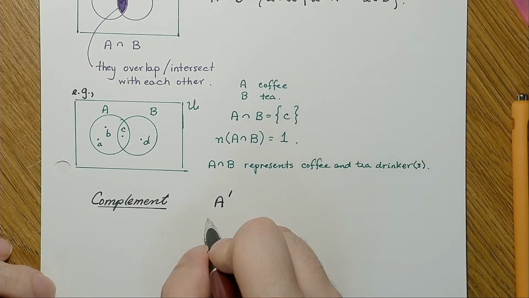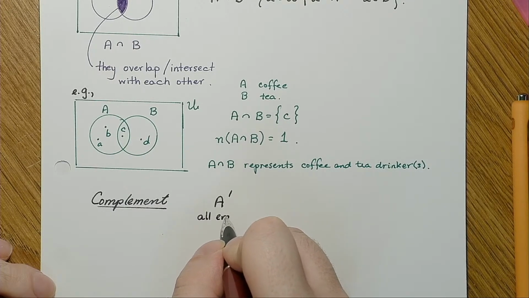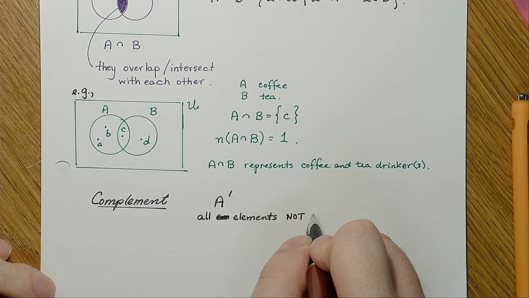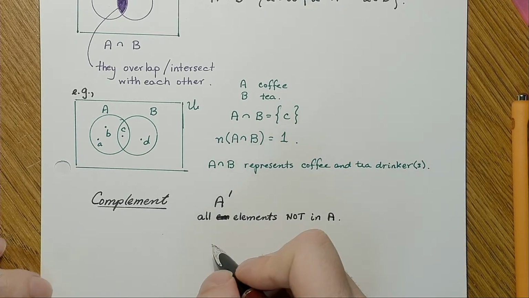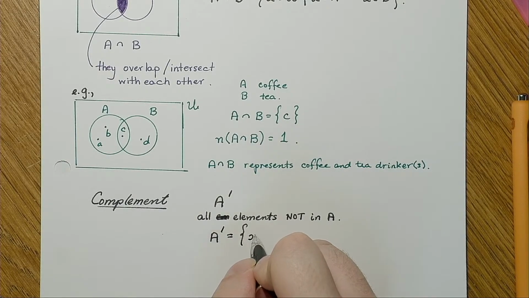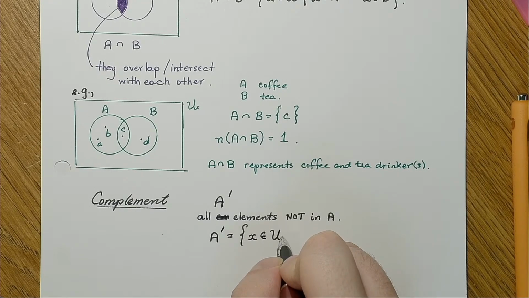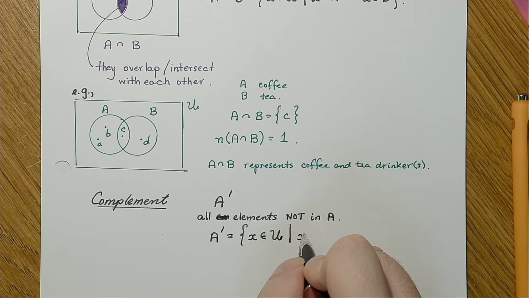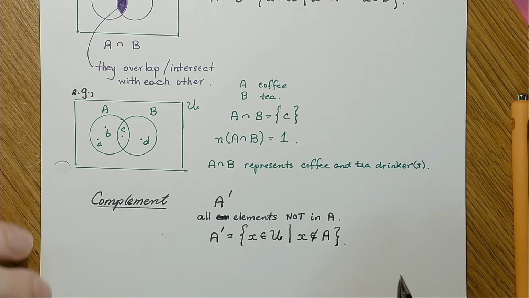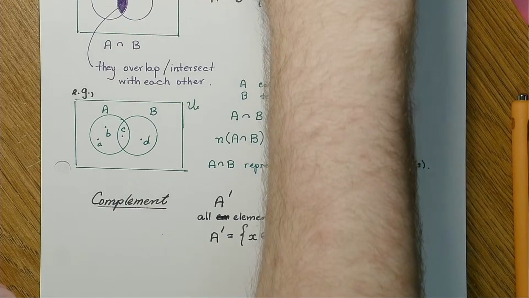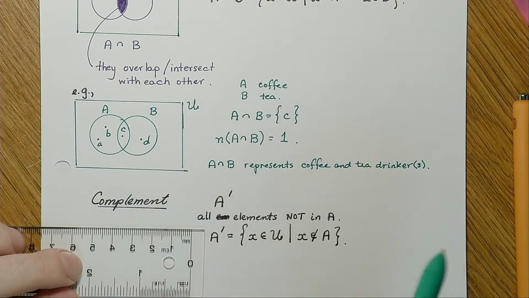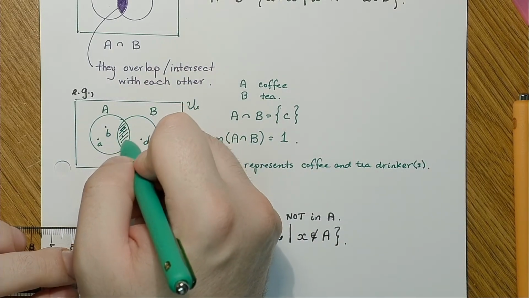And that is all the elements that are not in A. So if I write this out using my logical approach, using the roster notation, it's all the elements in the universe such that X is not an element of A.